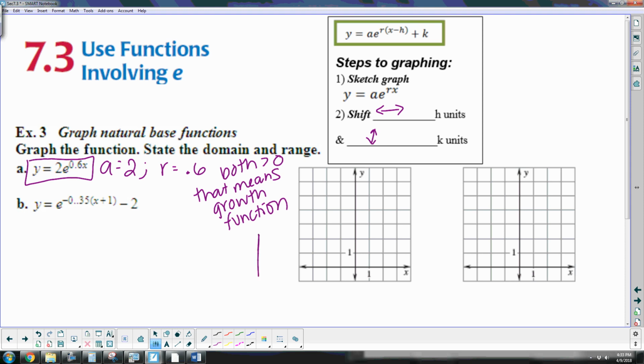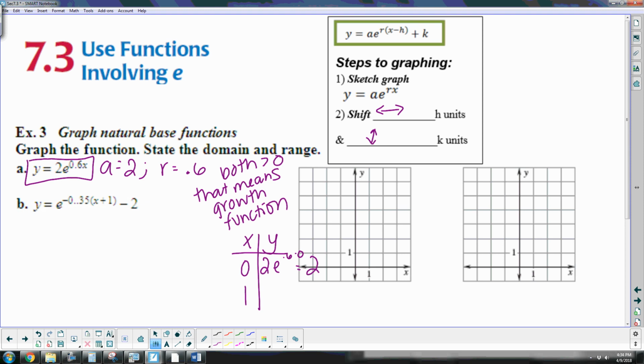We're going to just plot those 2 points where x is 0 and x is 1. So when x is 0, we have 2 times e to the 0.6 times 0 power. So that's e to the 0 power, which is 1 times 2, which is 2.